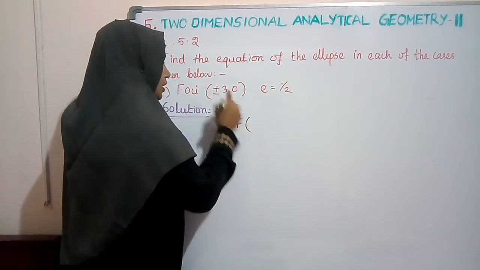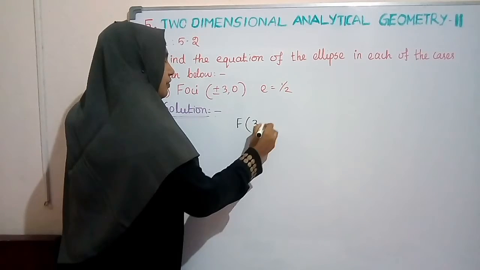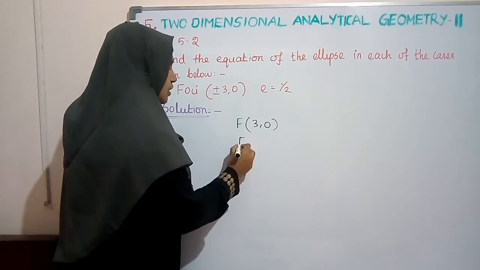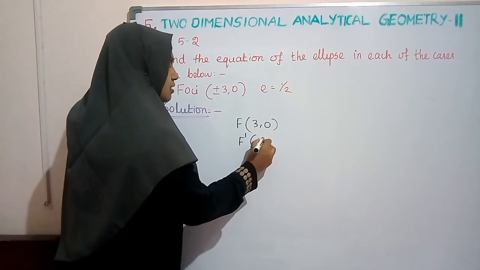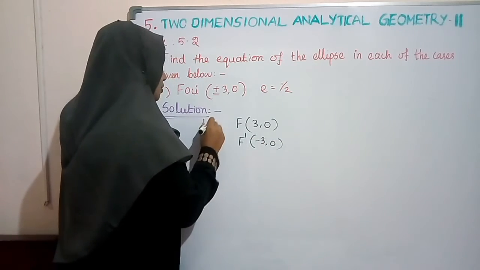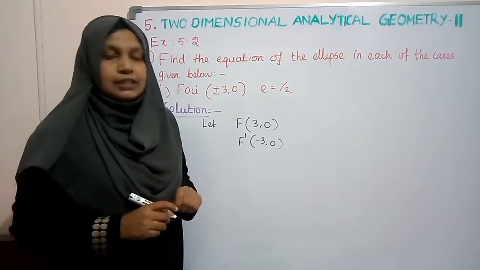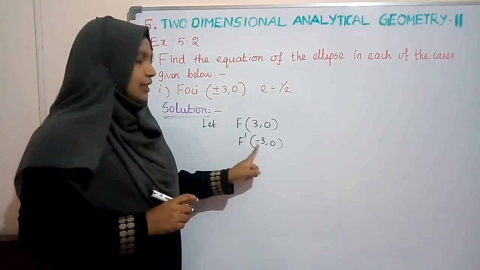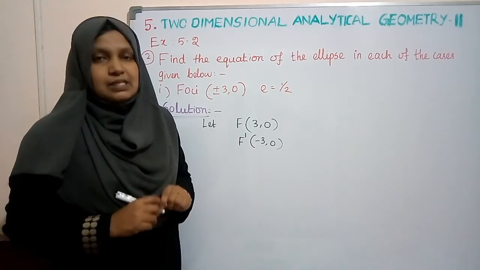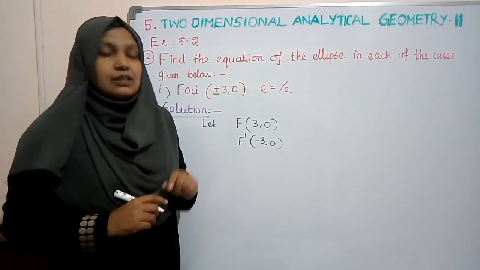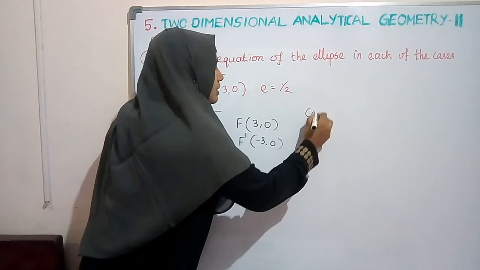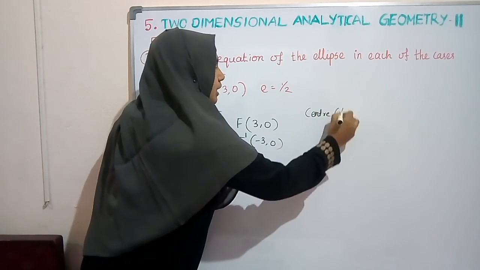First point, plus or minus 3 comma 0 means one we can take as plus 3 comma 0, and the other one, f dash, is minus 3 comma 0. So we can consider the two focus points as f is 3 comma 0 and f dash is minus 3 comma 0.